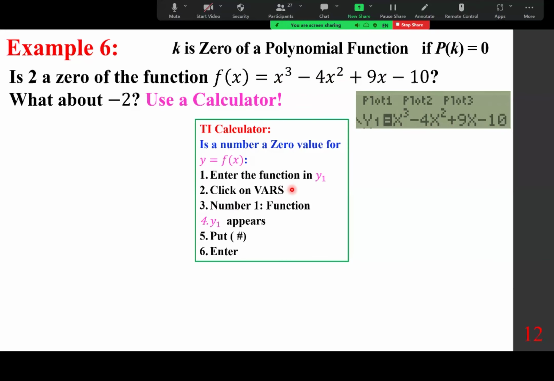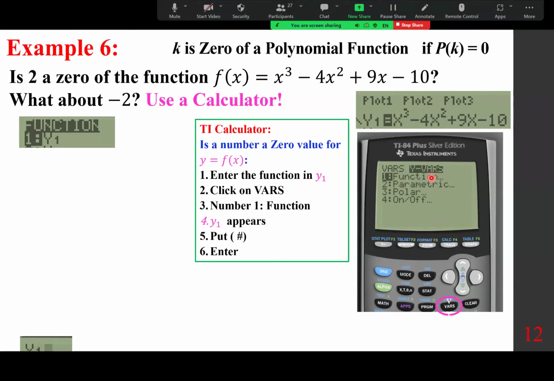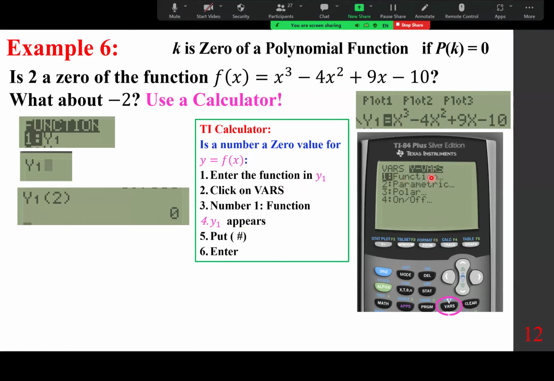Then click vars, variables, number one function, y1 appears, and you put 2, and it evaluates it for you because it's called y1.